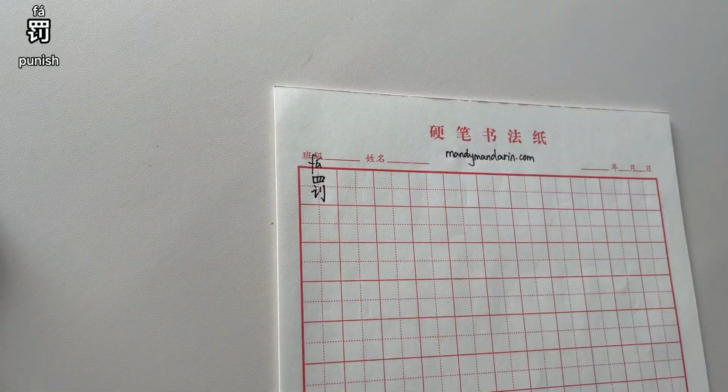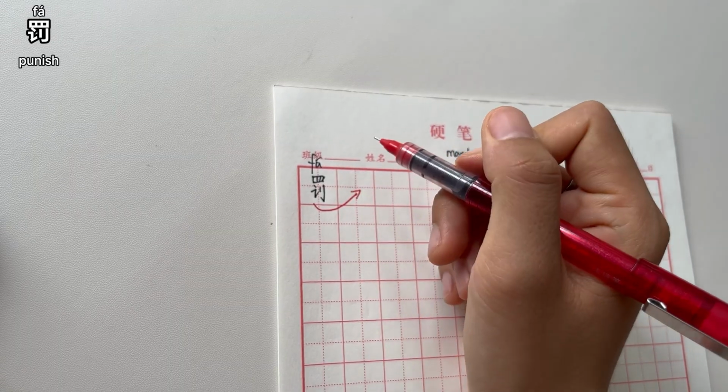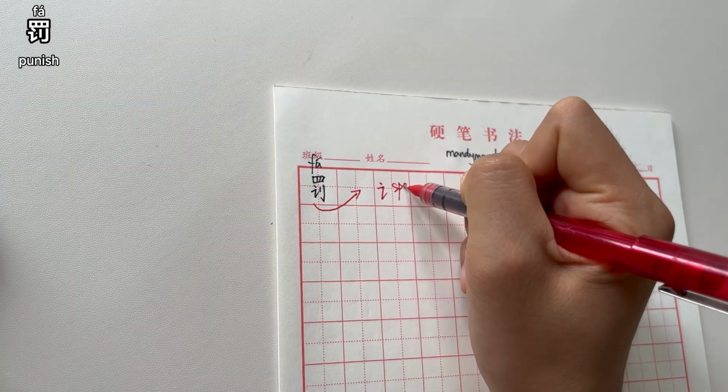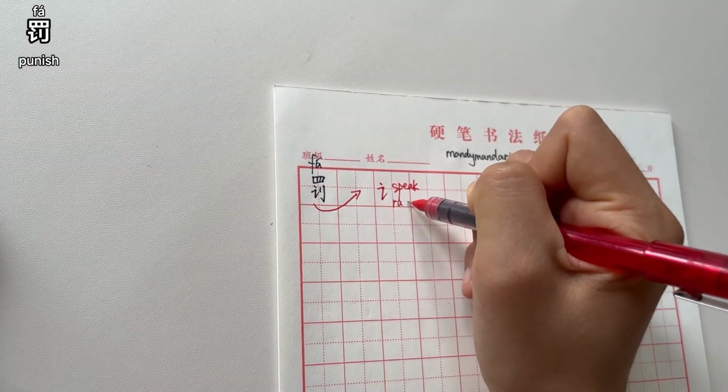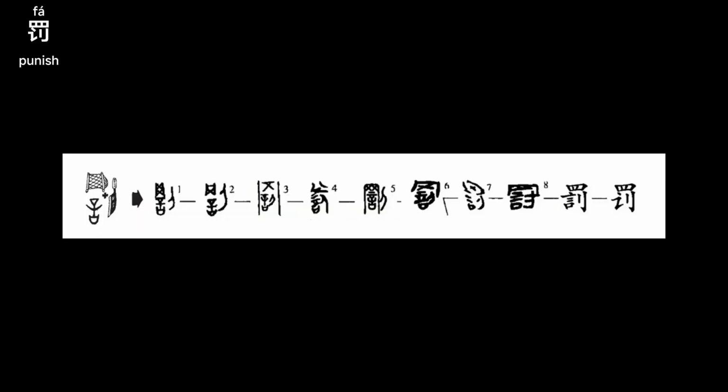罚. And you might notice on the left bottom side, here we have a speak radical. Here is the evolution for the character 罚. You can see on the top part, it represents the net, and a net is a law because laws can wrap you to restrict you, so you have to live under the net.